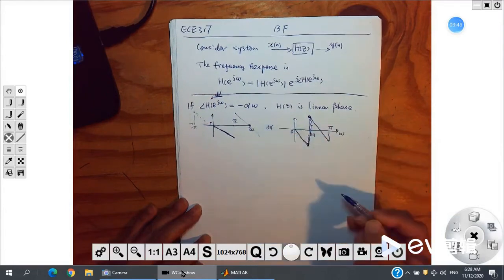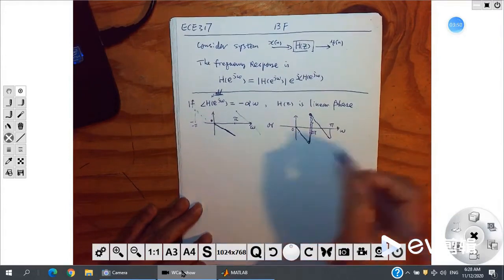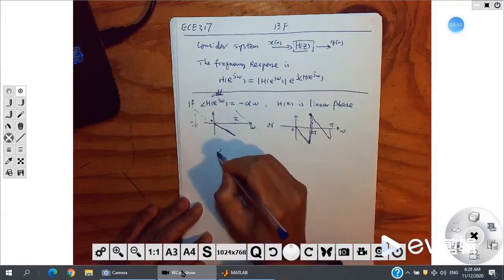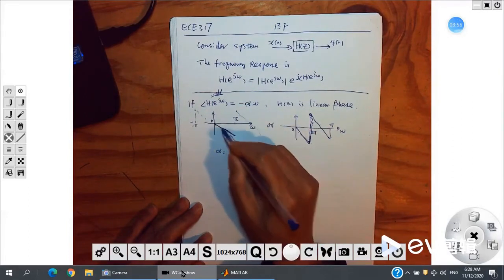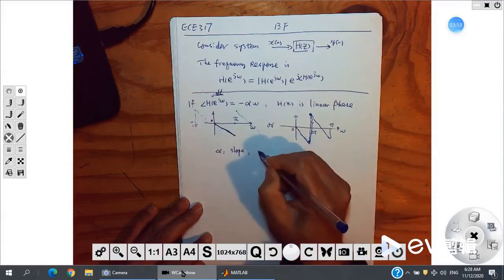Like this, it's a linear phase. And this alpha is the slope of this line, right? This slope is also the delay.